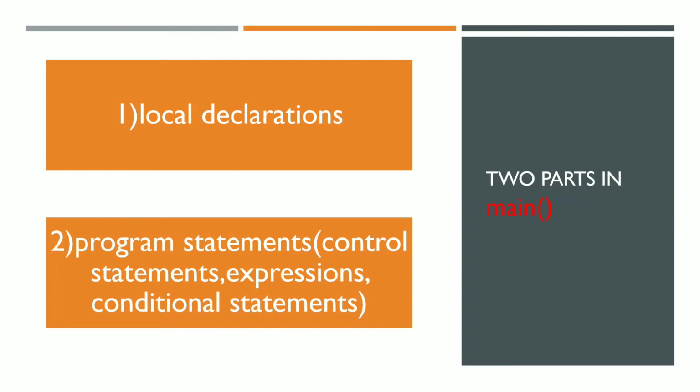For example, we'll be using some variables in the main function, right? For example, int a, int b, char name, these all come under local declarations. And then followed by program statements. Program statements are those which will include all the expressions, conditional statements, control structures like for loop, while loop, do while, etc.